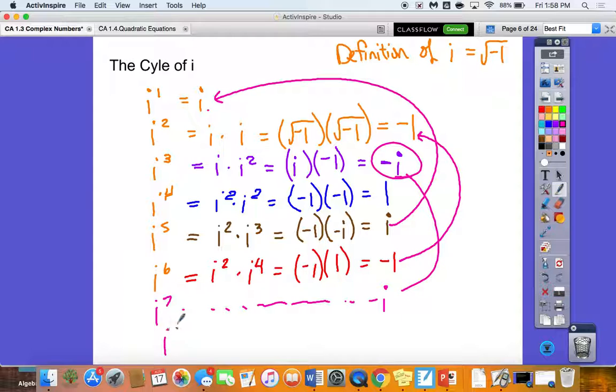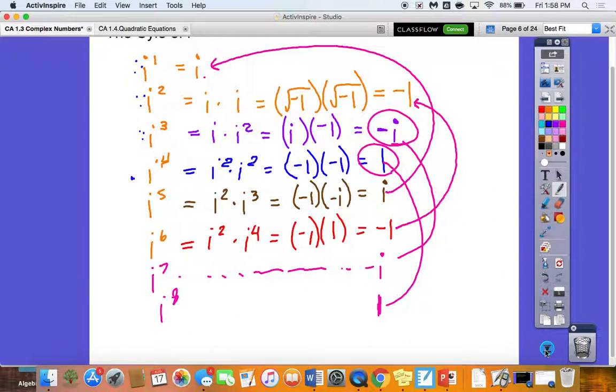And when you do i to the 8th, it's going to be this thing right here. Because all we're doing is repeating a pattern. So it's going through 4 levels. 1, 2, 3, 4, and then it just loops. 5, 6, 7, 8, 9, 10, 11, 12. So if you know this cycle, you're good to go.